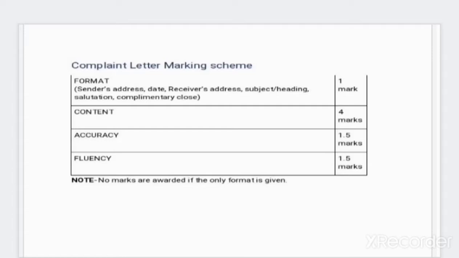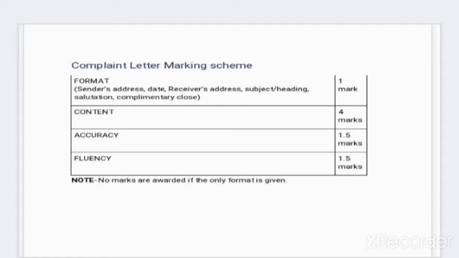Most of the children, I see, think marks are awarded if only the format is given. No marks are allotted for only the format. You will get 0. You will get marks when you write the body.